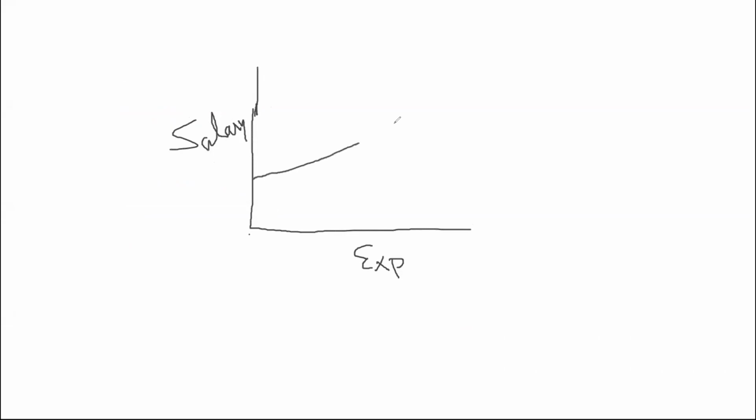So for example, if I plot a graph between, let's say, experience and salary. If someone has 0 experience and gets a first job, the salary is low. As experience goes up, the salary goes up.